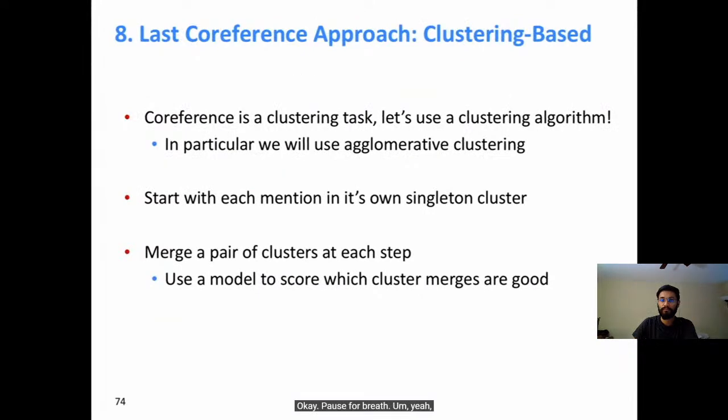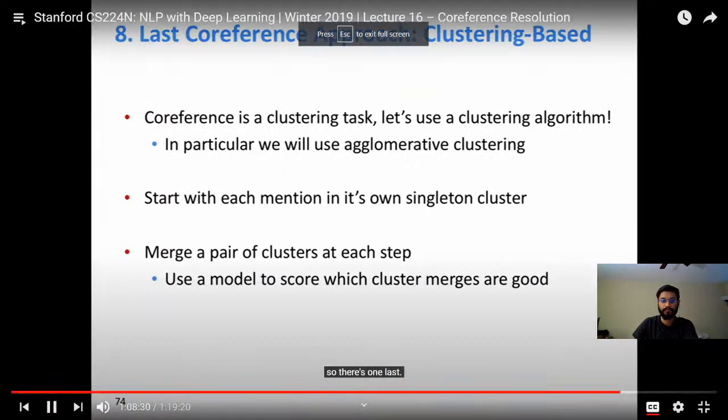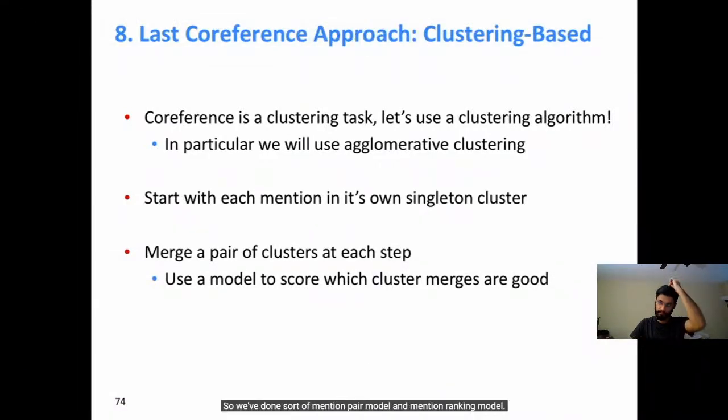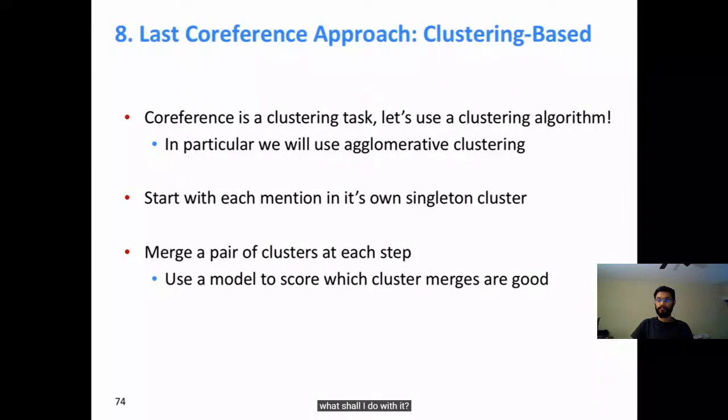Okay. Pause for breath. So there's one last thing. We've done the mention pair model and the mention ranking model. And for both of those, you're just taking individual mentions and saying, here's another mention. What shall I do with it?